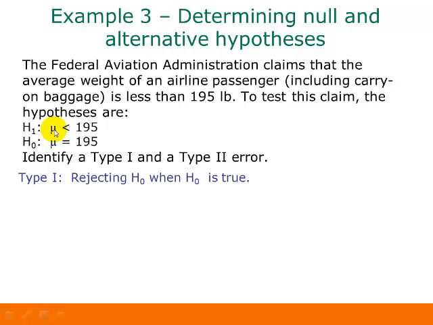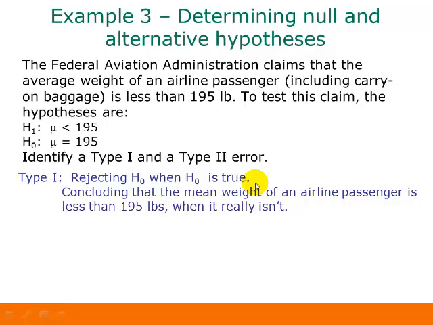So in other words, this would be like accepting the alternative hypothesis that the mean weight is less than 195 pounds when that's not actually the truth. So in other words, concluding that the mean weight of an airline passenger is less than 195 pounds when it really isn't. And again, if you think about the consequences of this test conclusion, this could be serious.